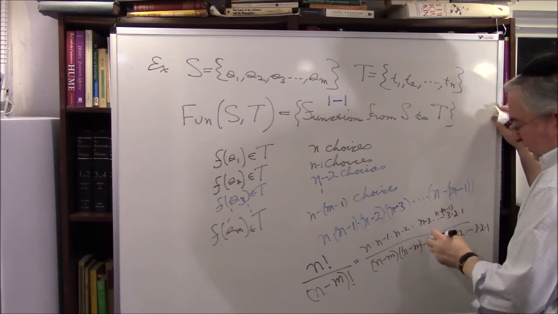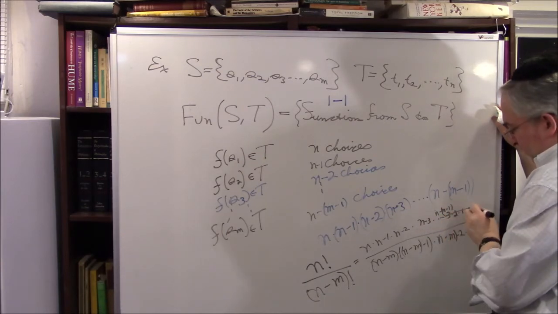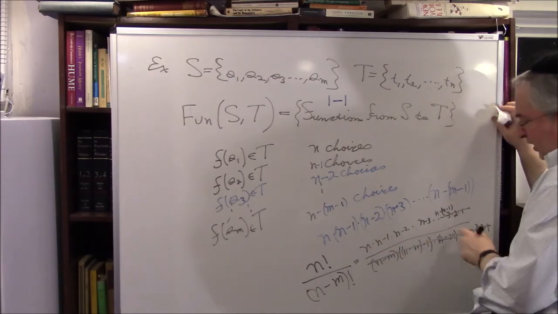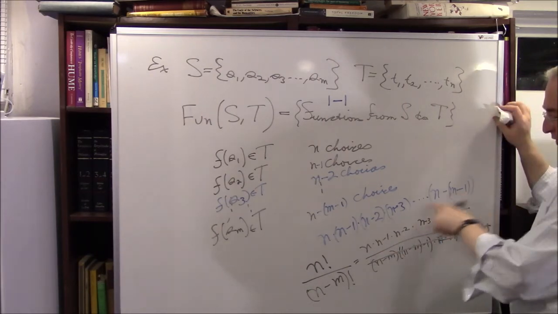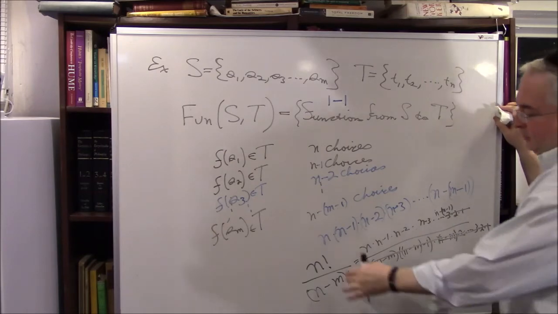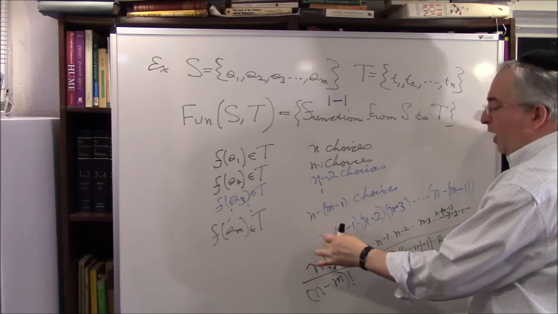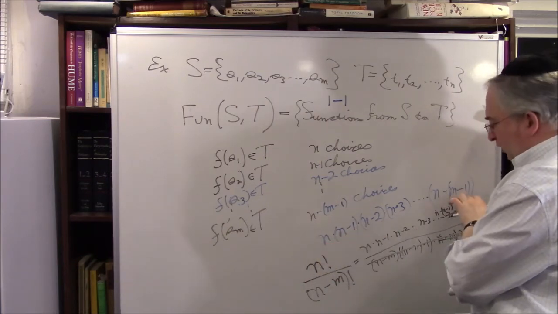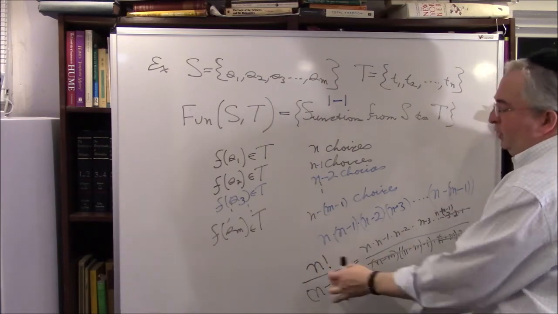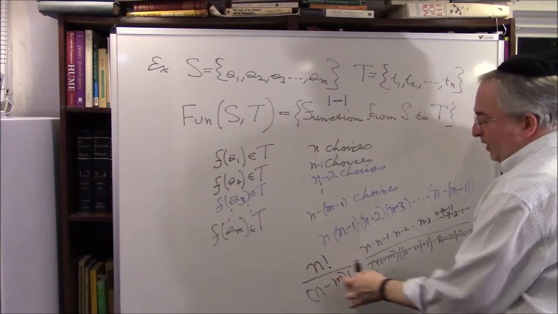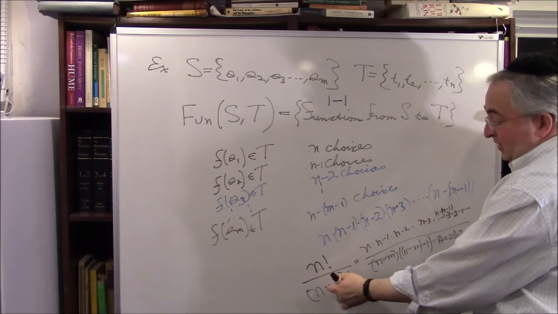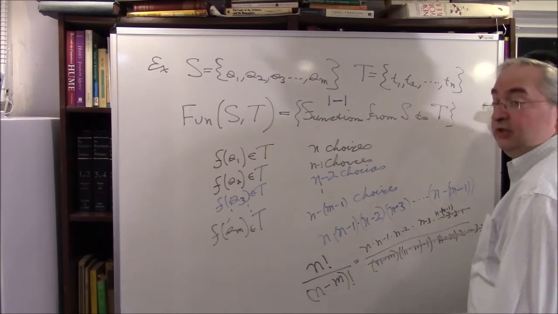If you cancel this, the bottom part goes out with this whole thing, and you're left with exactly this. So basically, if you want a stunted factorial, not the whole thing, you divide n factorial by the factorials less than this, and that cancels out. So you get that right.